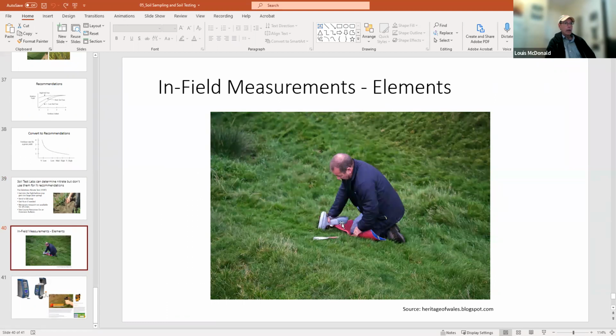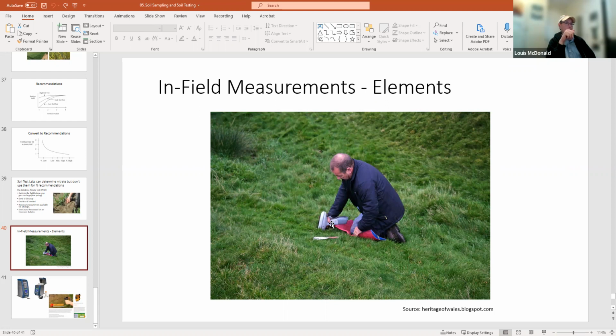So again, this is a portable XRF unit. I actually own this one. Unfortunately, I can't let you use this one because it generates gamma rays that you can potentially expose yourself to. If you want to come back as a graduate student, we can talk about that.